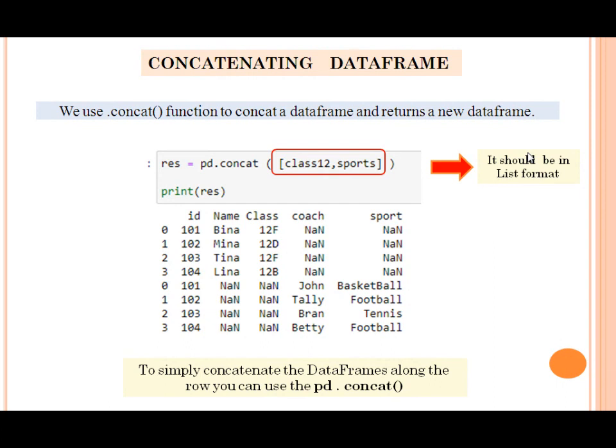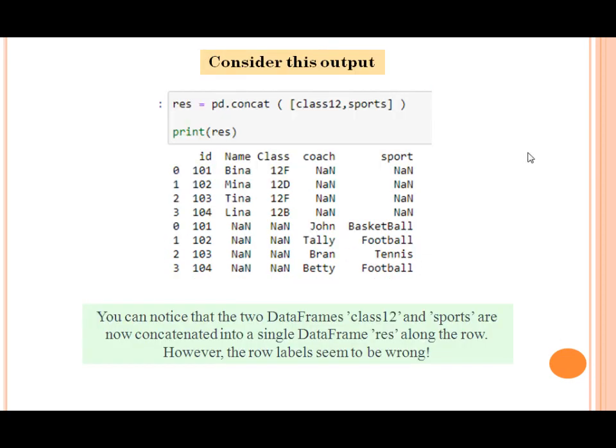So when you see the output of this particular statement, I think you can notice easily the row labels. See what are the row labels? These are the row labels, children. The row labels are not getting changed. They are same.